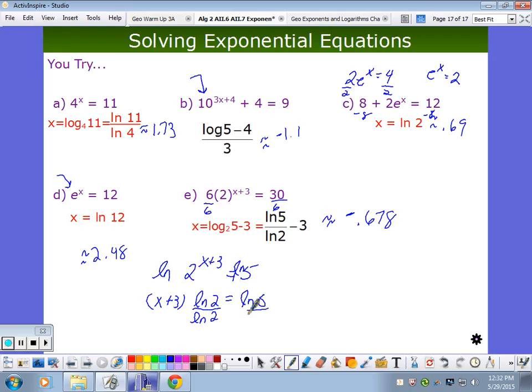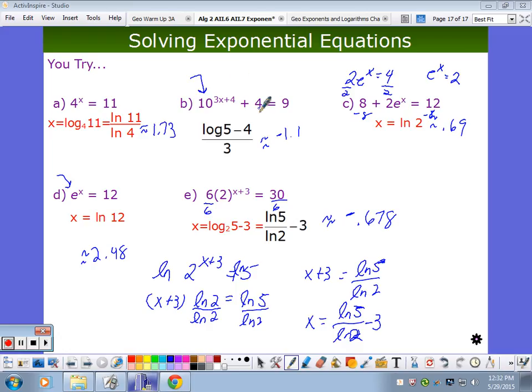Remember, it's just a number. So that means that x plus 3 equals ln 5 over ln 2. Want x by itself? Subtract 3. So this number, minus 3. And that's this. Put this in your calculator, you should get there.